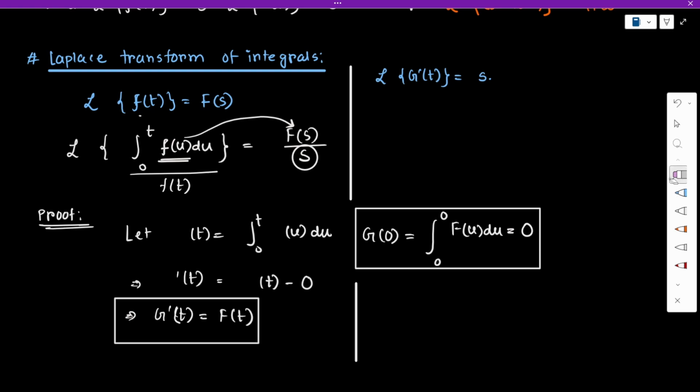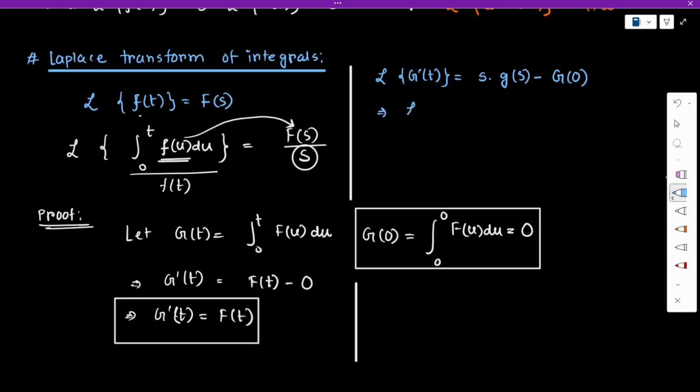Sorry, these are all going to be small letters. Actually, it doesn't matter. What matters is that you use distinct letters for the frequency domain and the time domain. For the time domain, as I have used capital G here, for the frequency domain I'm going to use a small g. So s g(s) minus g of 0.